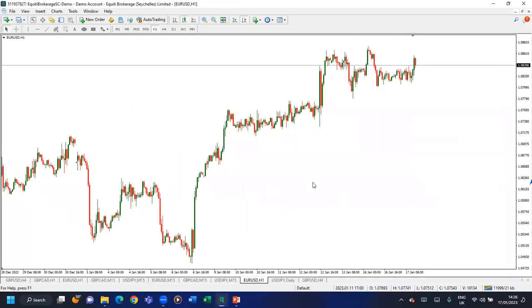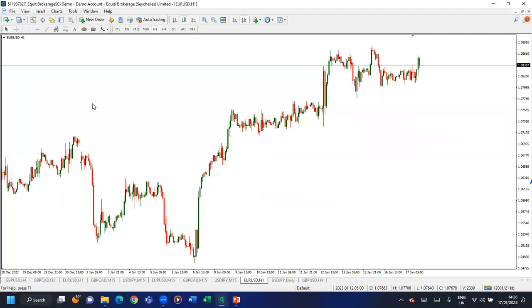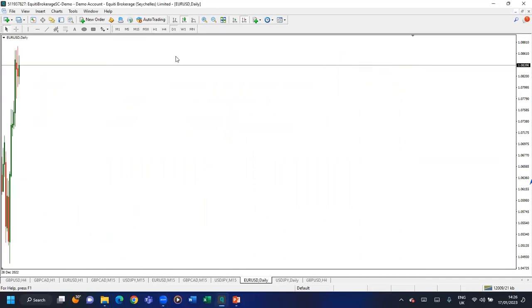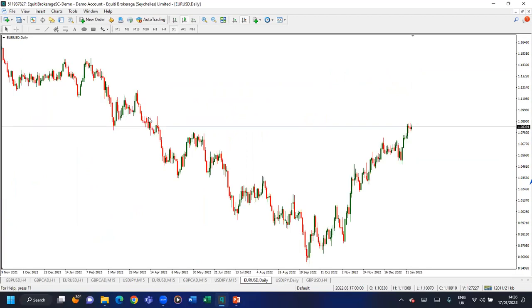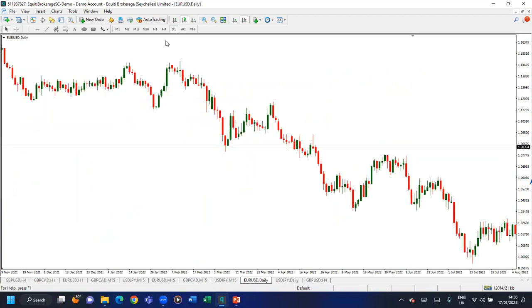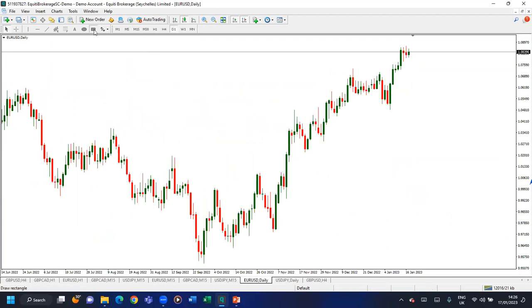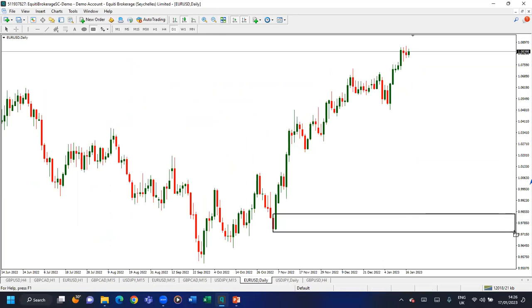Okay, now this is the Euro USD 1 hour time frame. Go down to daily time frame. I want to identify and map out the order blocks I have here. So this is me working on my order blocks. I've done my Forex Factory. I've taken note of the currency pairs that have high impact news for the day.